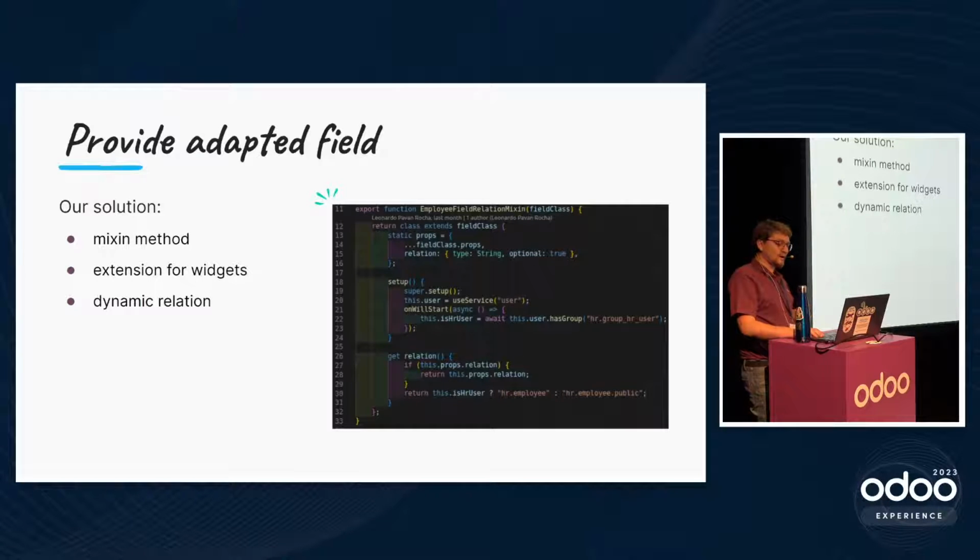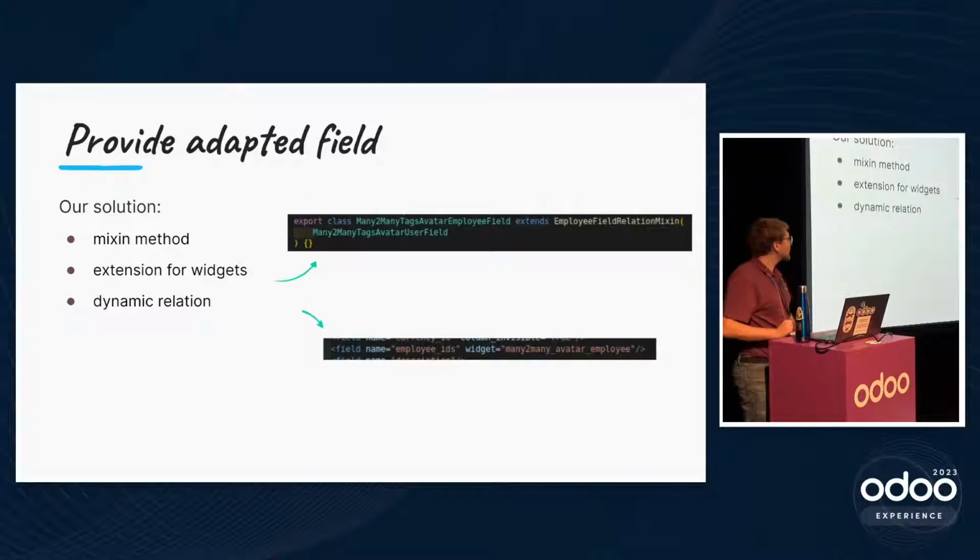And as it might seem a bit tedious, in the end that allows us to create widgets through that mixin that can also inherit from other pre-existing widgets. And in the view, we can see below, we only have to put the field and specify the widget that we want to use, and we don't have anything more to add to it.